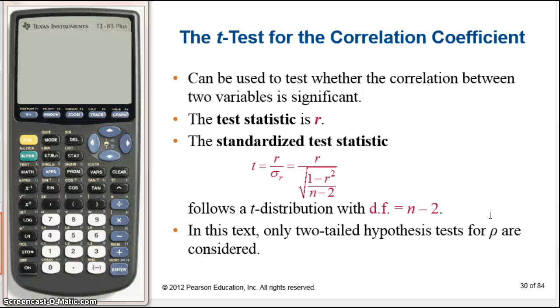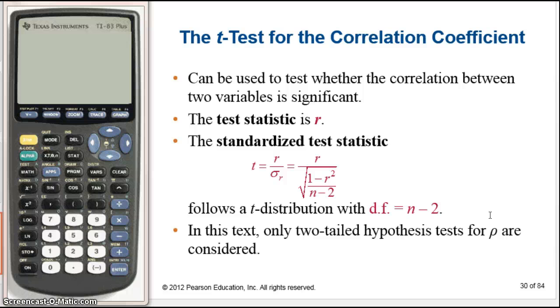You have 6 pieces of data, so take away 2, the degrees of freedom would be 4. And you're going to use the same critical value calculator that you've used for the t-test for means. So just keep in mind that when you're trying to type in your degrees of freedom, it's always going to be n minus 2 for the correlation test.